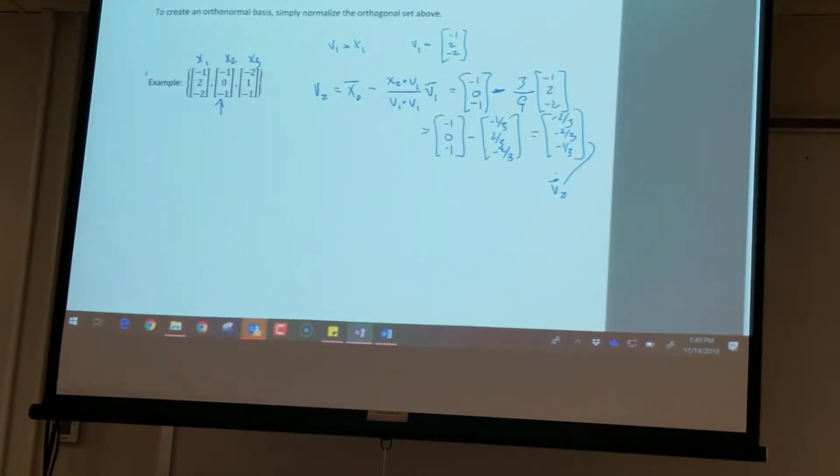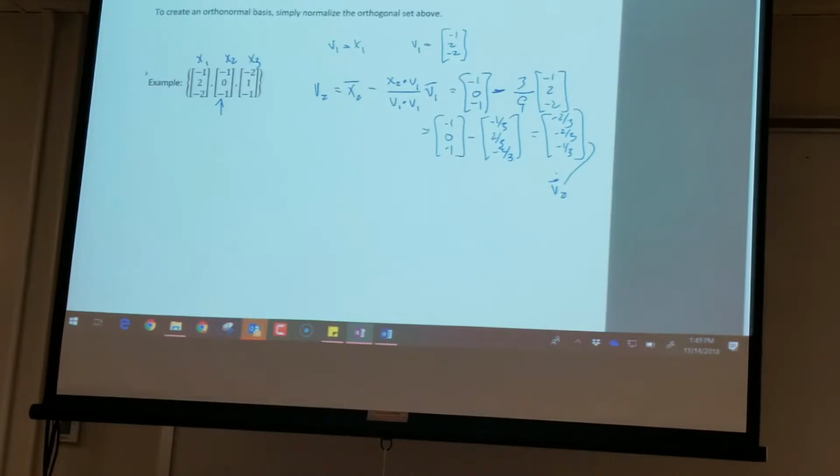Yeah. Okay, good. Wait, so x2 dot v1 is 3? I hope so. Yeah? Negative 1, wait, plus negative 1 is 1 plus negative 2, that is negative 1. Oh, that's a negative 1. I have it written as positive, that's the problem. Yep. Never mind, you're good.